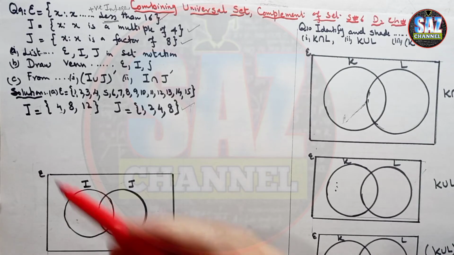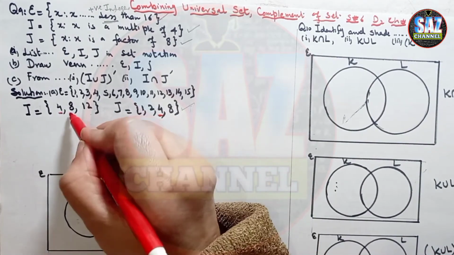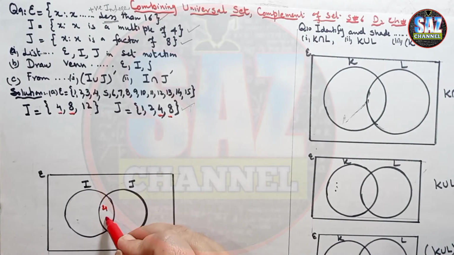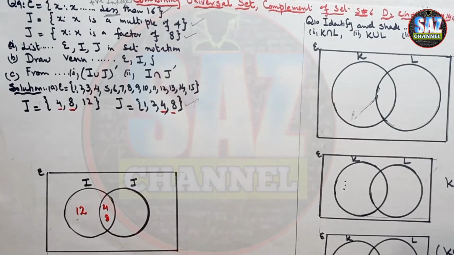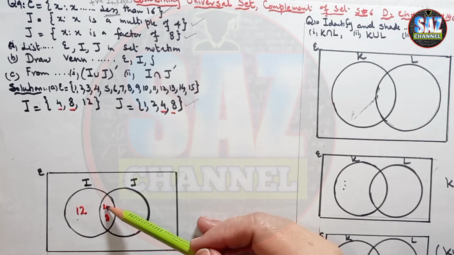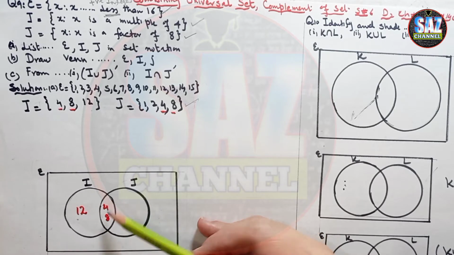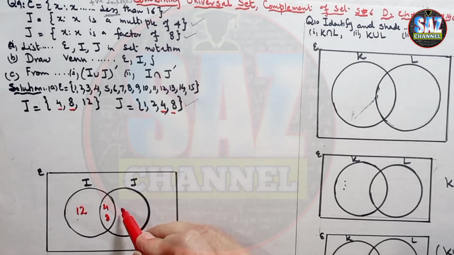If we look at the question, we can see 4 and 8 are the common elements. So I will write 4 and 8 at this place, and then set I will consist of 12. Coming to set J, we can see that from set J, 4 and 8 we have written in the common, overlapping portion, and now from set J we are left with 1 and 2 only.